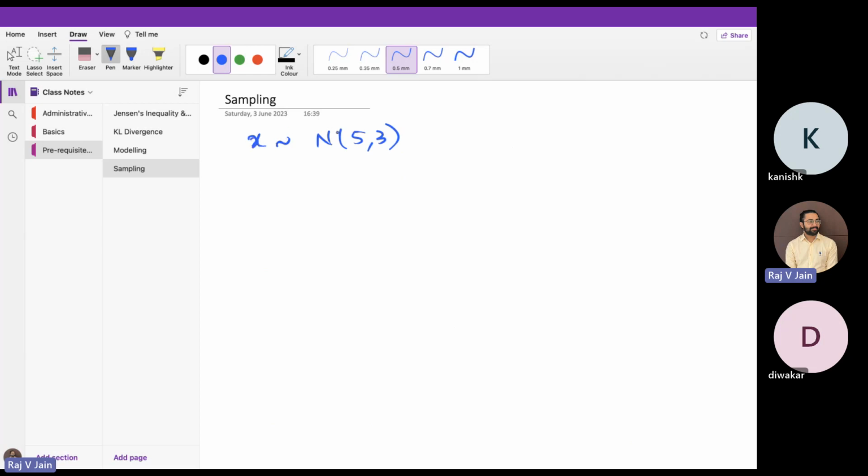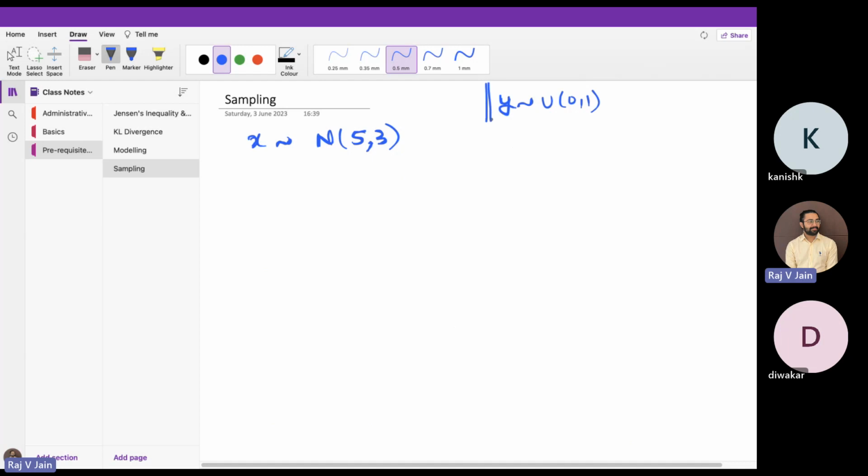So if I want to do this, how would you go about doing this, given that I have a function which can give you a sample from uniform(0, 1)?